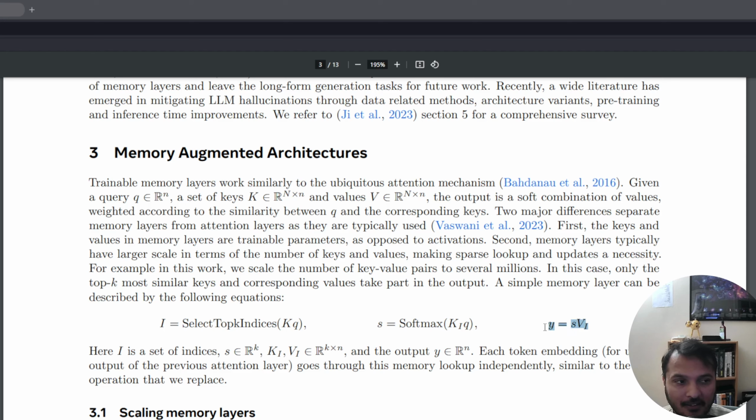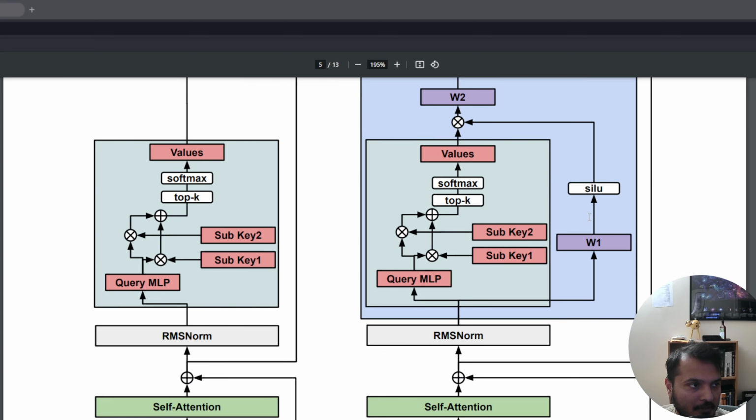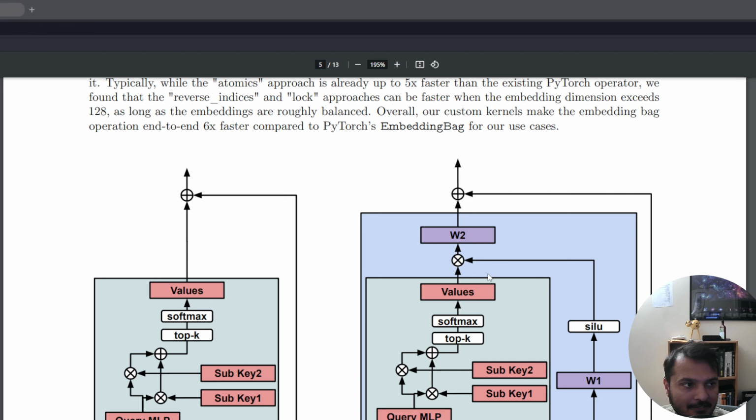Now, this is very reminiscent of even the MLP layers, right? So you have an MLP layer, then you have SiLU, and then you have another MLP. Let me pull up the equation first. In the diagram, if you ignore this block, this part is the standard MLP layer.